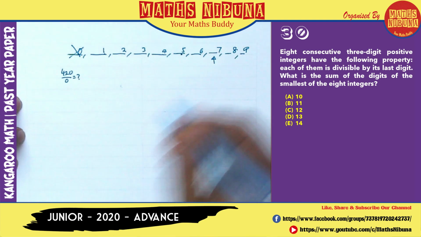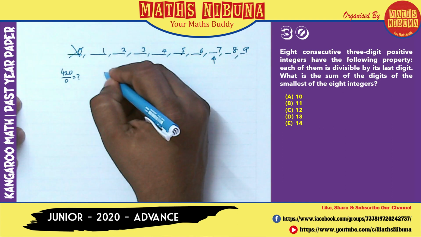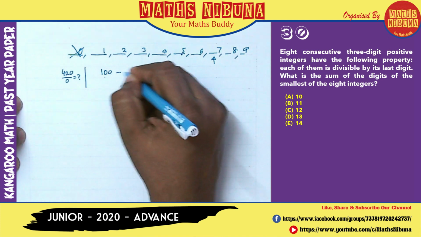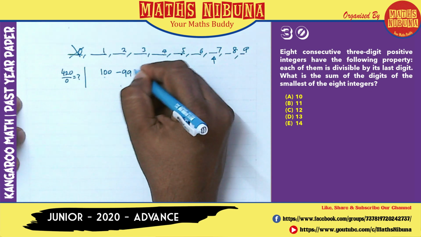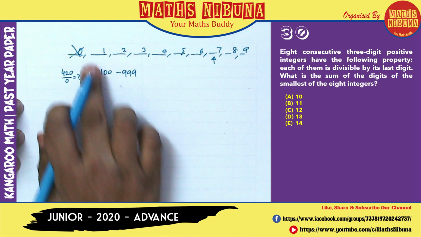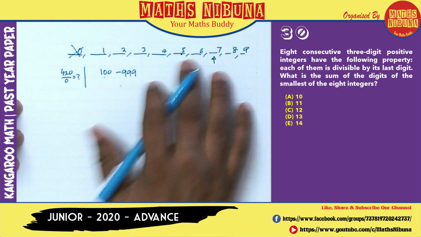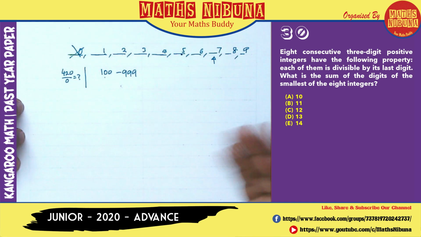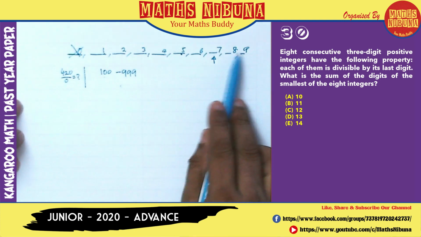When it's divisible by 7, a 3-digit number can go from 100 until 999, correct? We don't know where the numbers are placed, maybe 800, 201, or 300, or 400, 600, anyway. But we consider the last digits.